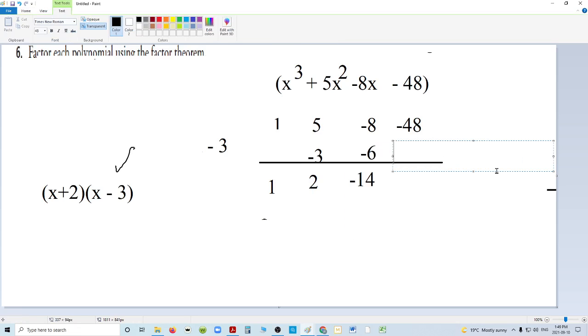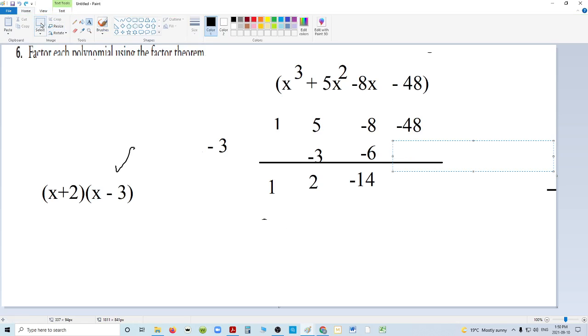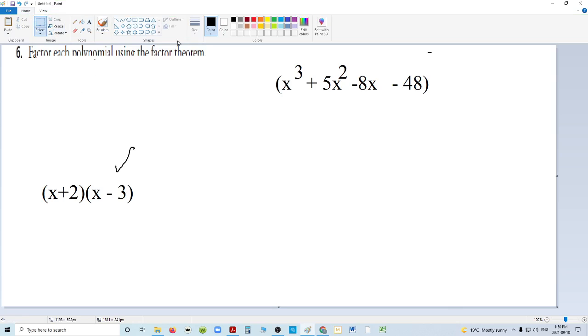Times minus 3 is 42. Close. Just making sure my math is right. Yeah, almost. This last one would have to add up to 16. I'd have to come up with minus 8 somehow. Very close. So we've ruled that out, and I hope we've ruled it out correctly. So that means this is not a root.